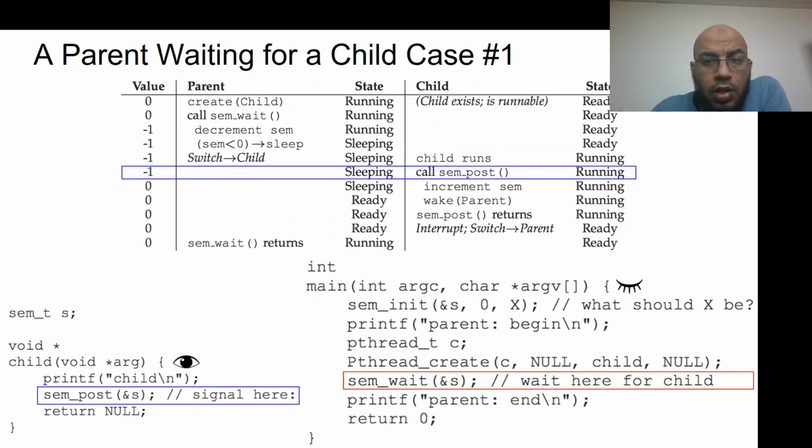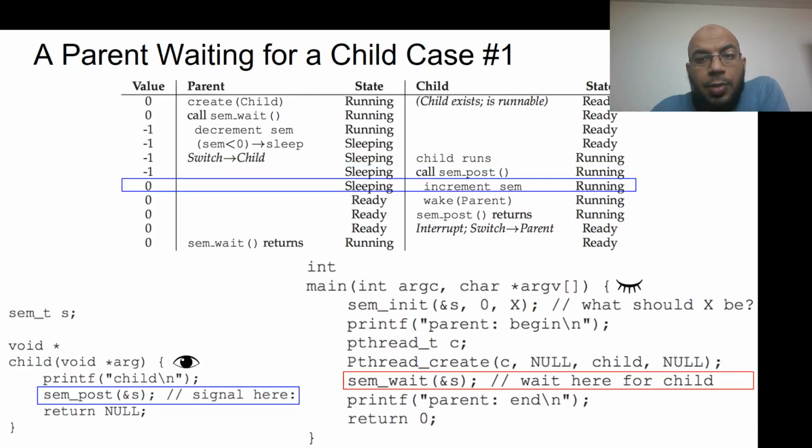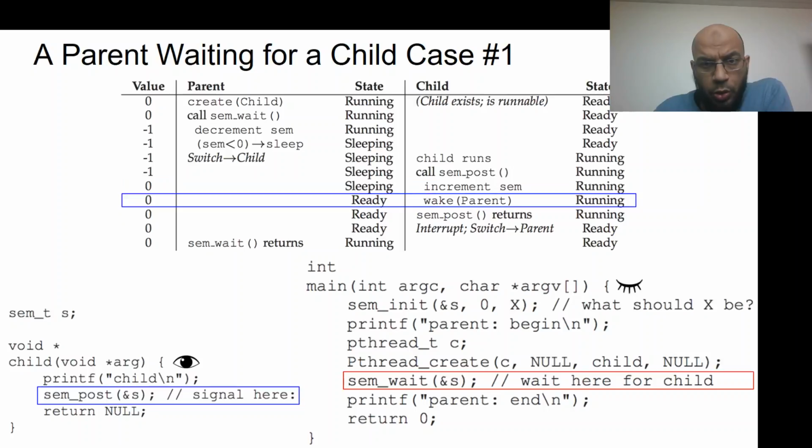The child runs, calls semaphore post after finishing, and increments the semaphore. We said that once you do post, you will always wake one of the waiting threads, so you will wake the parent up.